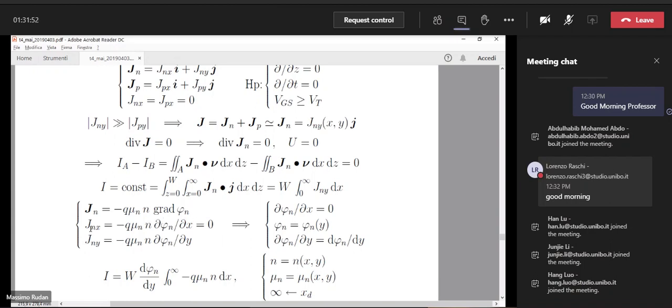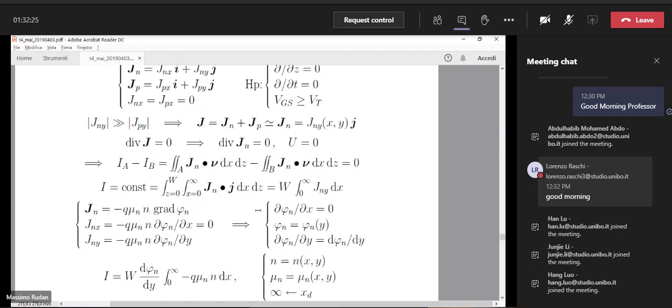So the only possibility for this product to be zero is that this derivative, the phi n over the x, is zero, okay? On the other hand, if this derivative is equal to zero, then that means that phi n does not depend on x. So the only possibility left is that phi n depends only on y, okay?